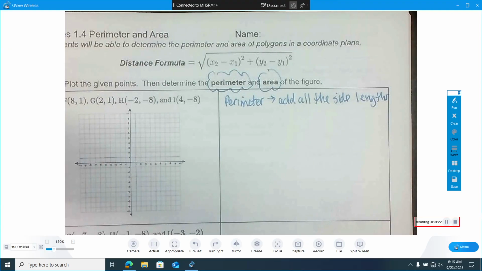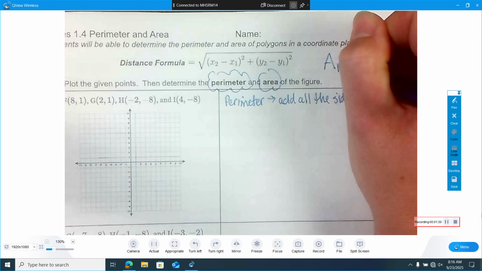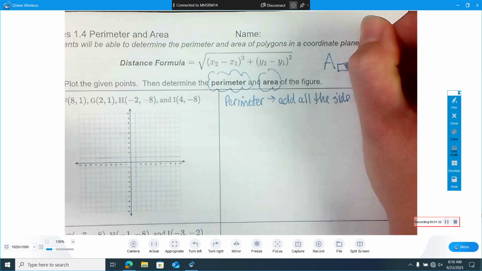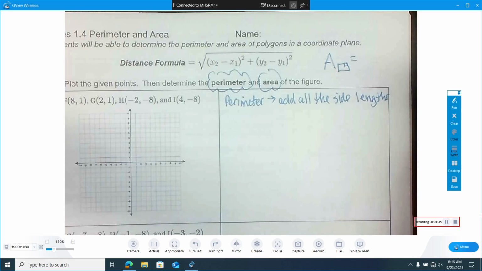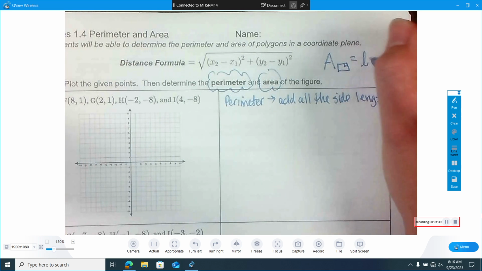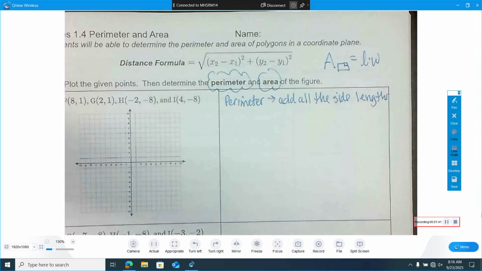And then hopefully you know a couple formulas of area, like the area of a rectangle. Do you know the formula for the area of a rectangle? Length times width, yeah, length times width would be the area of a rectangle. Very good.